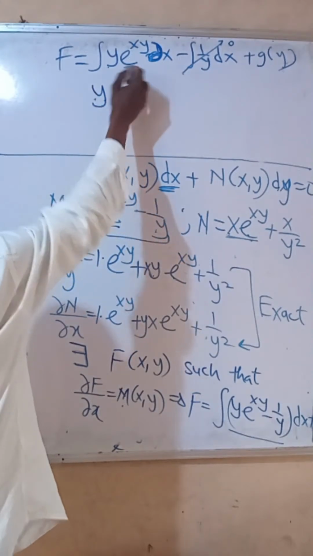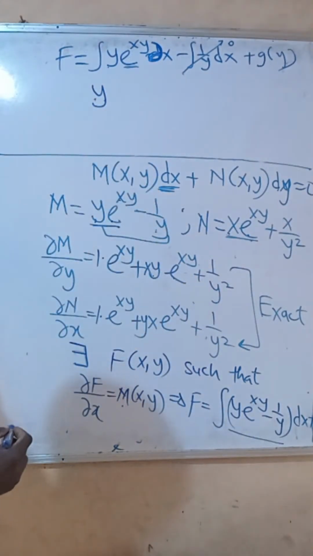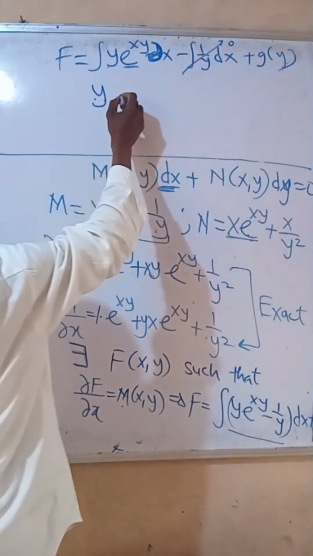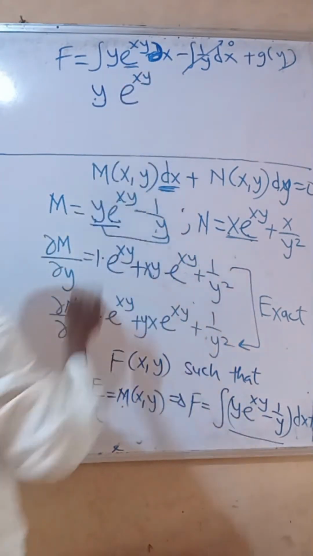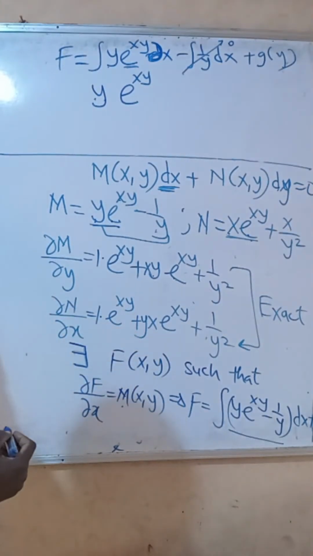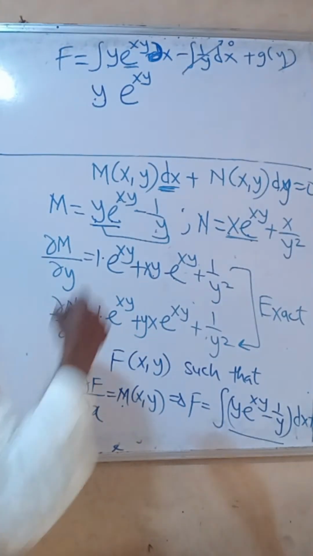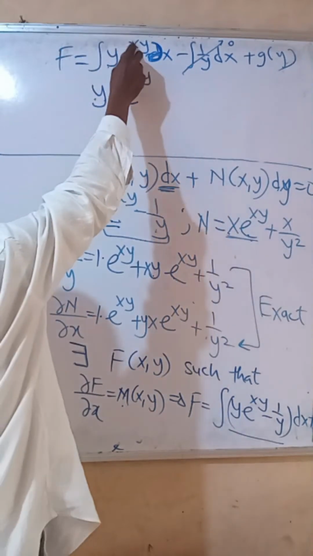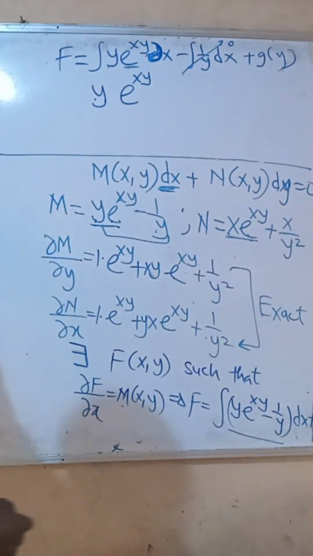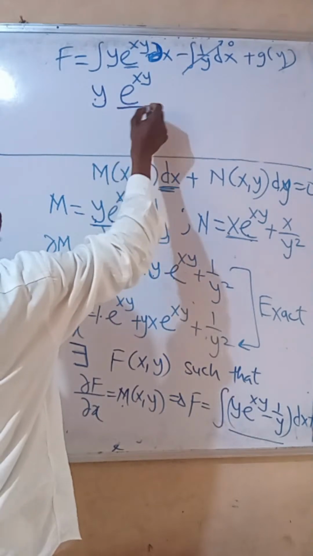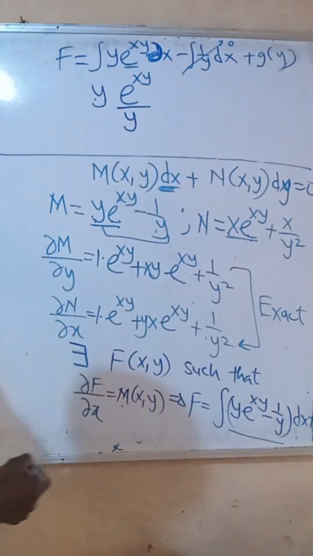Then now integrate your e function, and that will be what? Anytime you integrate e function, it's going to give you the function back. But we need to get the derivative of the power, derivative of xy with respect to x, which will be y. And then use it to divide the given function.